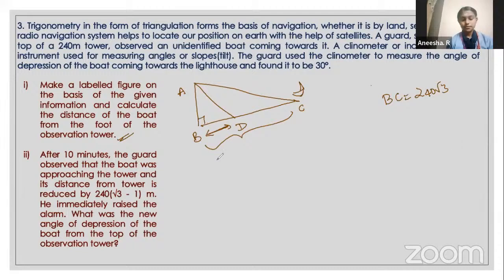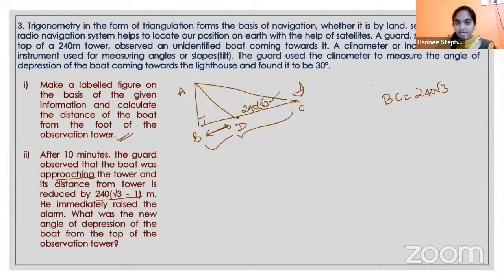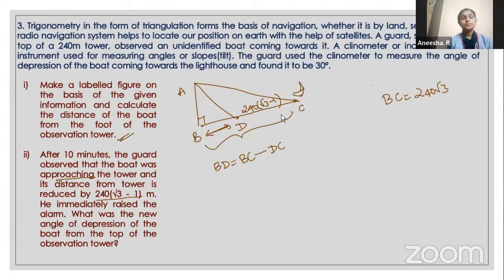Now to find BD, they are saying now the boat is approaching the tower, and the distance from the tower is reduced by 240 into root 3 minus 1. So from here to here, it is getting reduced by 240 into root 3 minus 1. This is the reduced value. So obviously you will find BD by the total length BC and subtracting DC. Now is it fine? Yes, ma'am. Okay.